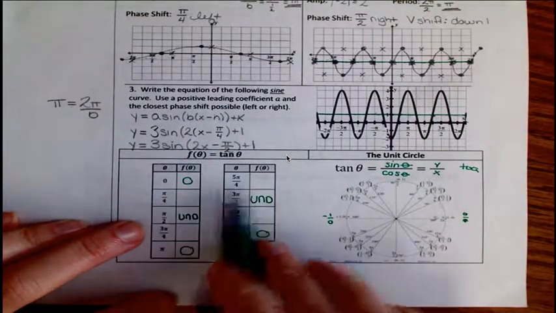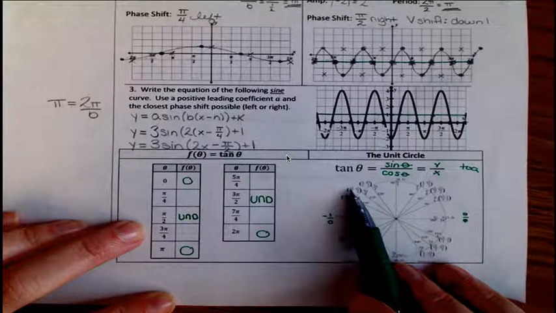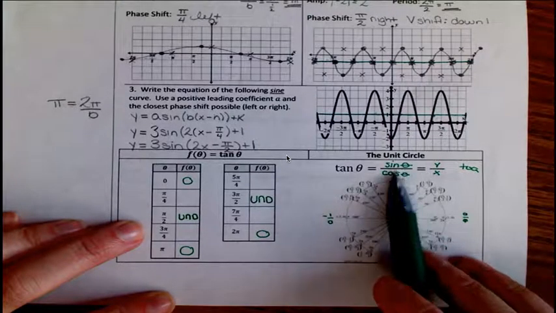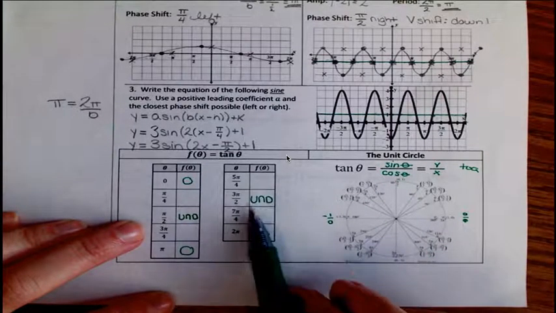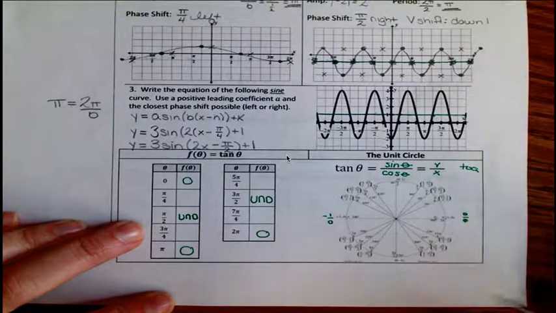And I love these 45-degree angles, do you remember them? It's the square root of 2 over 2 for both sine and cosine. So these are really nice because the result in dividing is just 1.